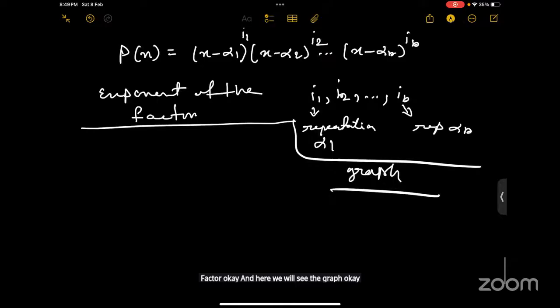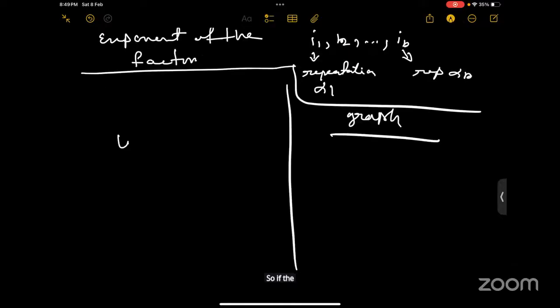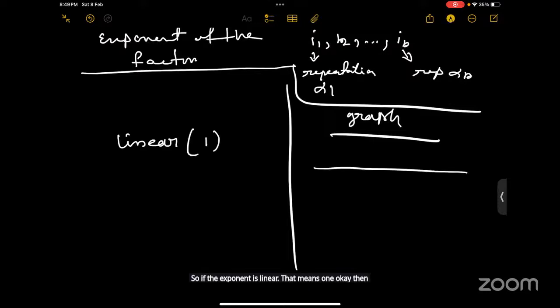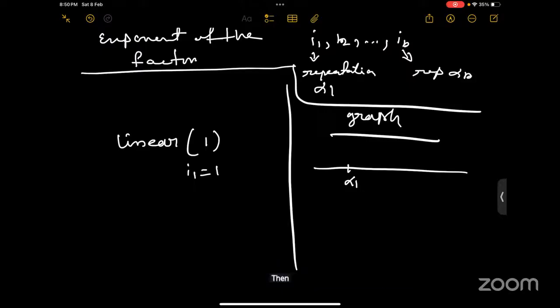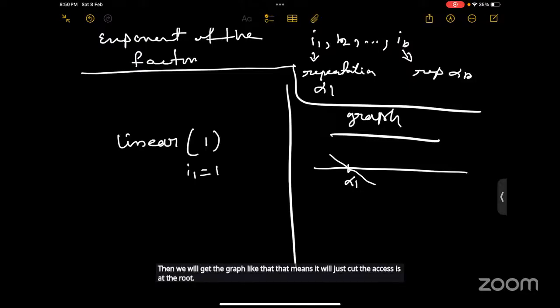If the exponent is linear, that means 1, suppose this is our alpha 1 and I1 is equal to 1, meaning the repetition of alpha 1 is 1, then we will get the graph like that. It will just cut the x-axis at the root, at the point.